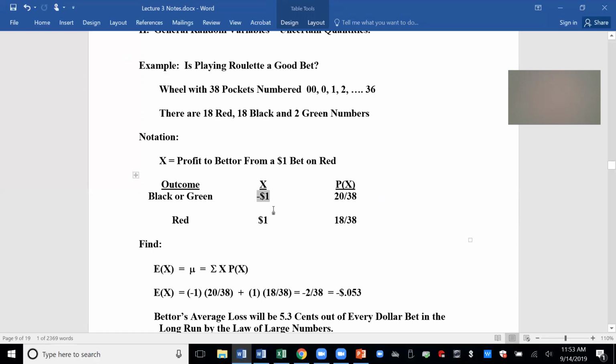Profit can be plus or minus. Sometimes we have gains, sometimes we have losses. If we defined our random variable to be, say, return from a $1 bet, we either get back nothing or 2. But if we call it profit, we get back either +1 or -1. So as you can see, we have quantitative data.